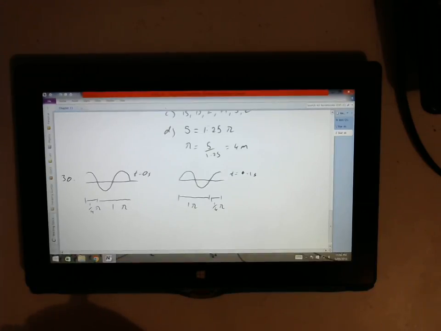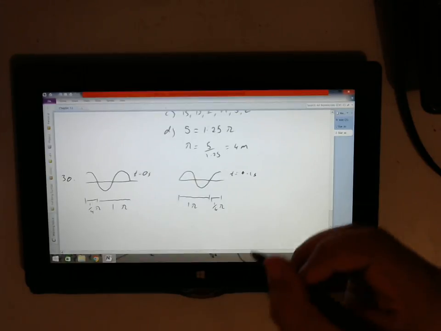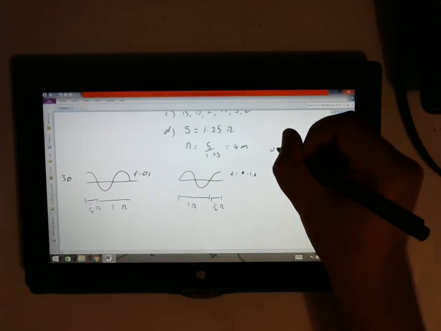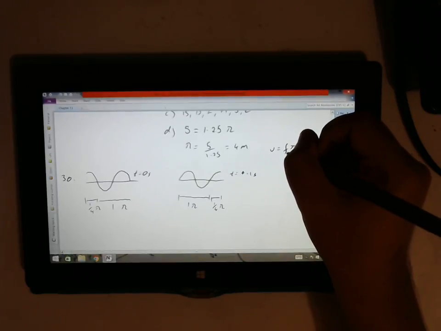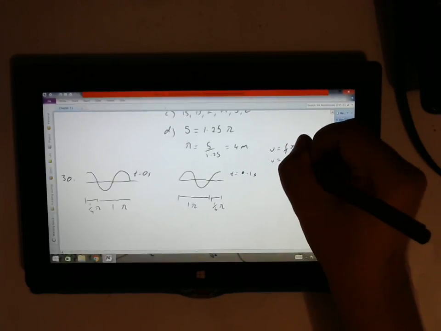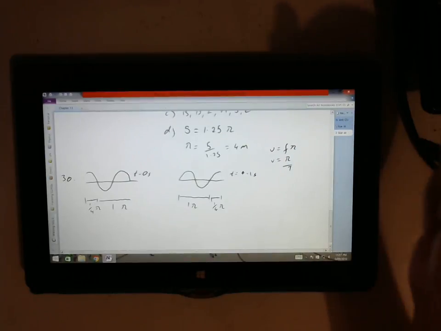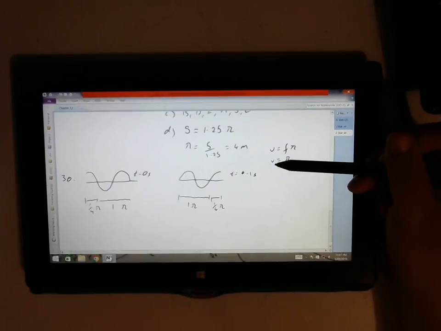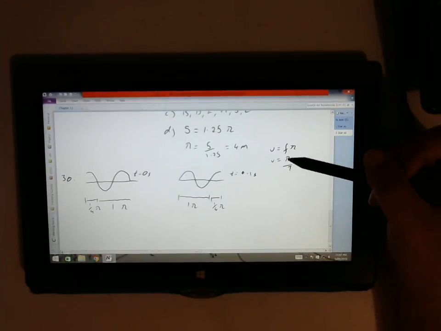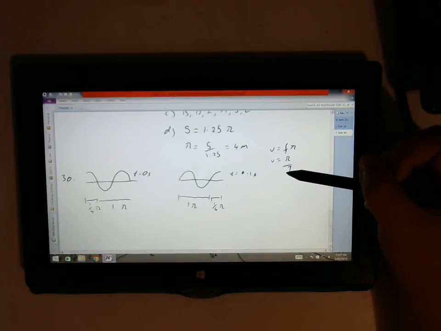Well, how do I know it's the slowest possible wave? If we think about the wave equation, we said that v equals f lambda, but f is the same thing as 1 over t, so v equals lambda over time. So if we want the period to be really big, the speed must be really small, because the wavelength is fixed in this case, but these two things are inversely related. So that's a way to mathematically think about what direction I need to go.